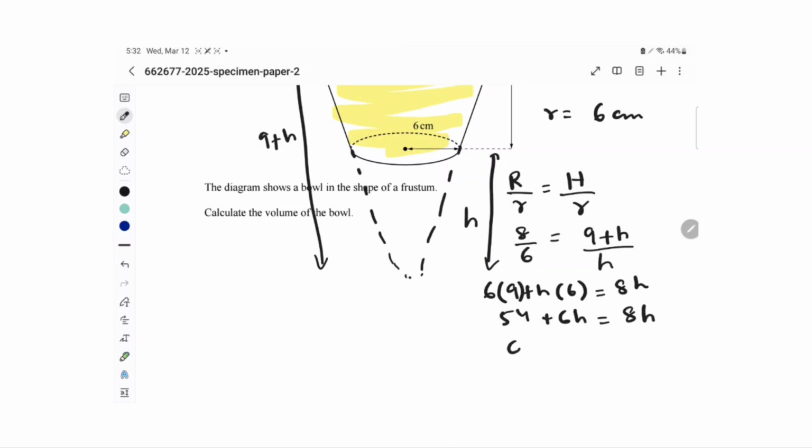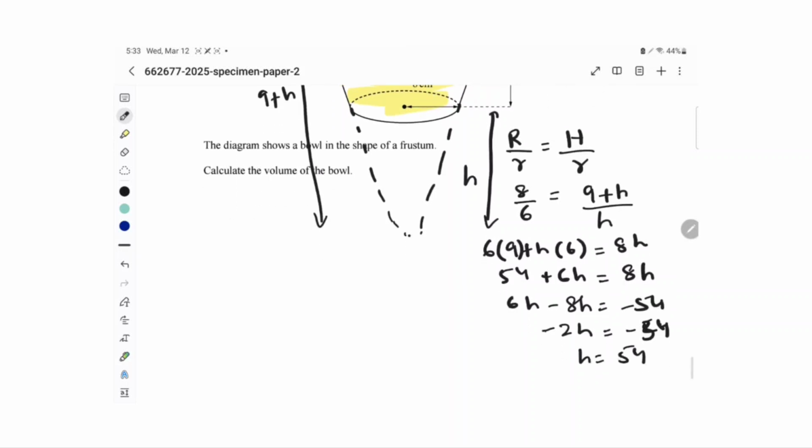So 6h minus 8h is equal to minus 54, minus 2h is equal to minus 54, then h is equal to 54 upon 2, which is 27. 27 centimeters is the height of the smaller cone.